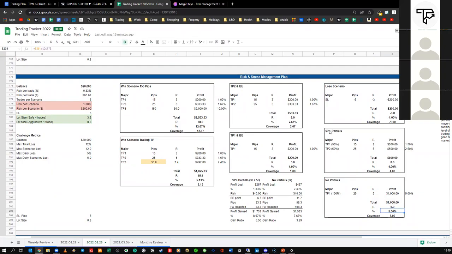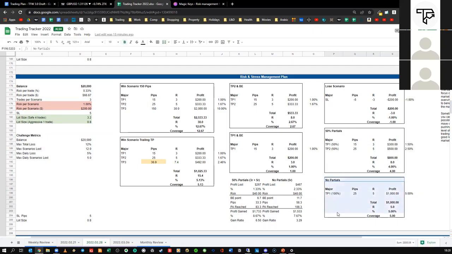Let's say you didn't do that and you said, okay, I'm going to do 50% at 3R and the remaining 50% at 5R, you would have made 4%. So that sounds pretty good. Why would you not do that? And why would you split your trade into 3? The reason is, one, if you try to hold your trade and have no partials, you could get stopped out or you could hit break even.